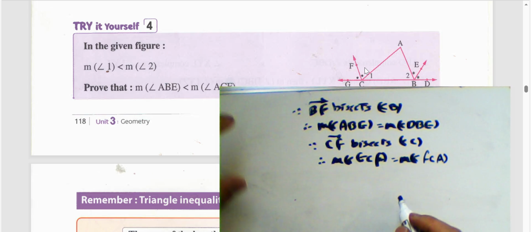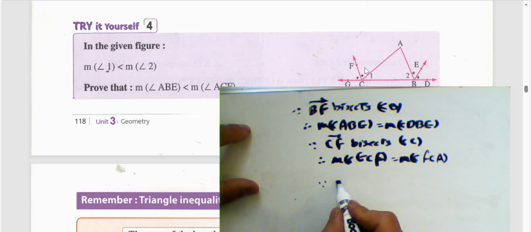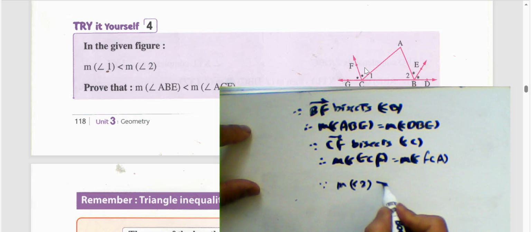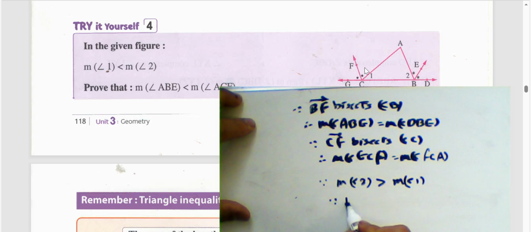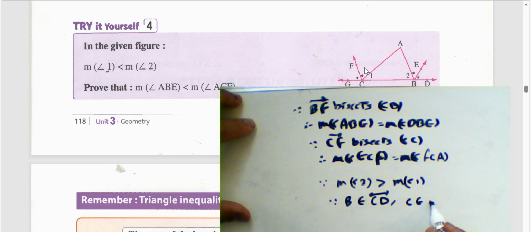They are equivalent in measure, and such that the measure of angle 2 is greater than the measure of angle 1, and I write here P is pointing to the ray CD, and also C is pointing to the axis of symmetry GP.